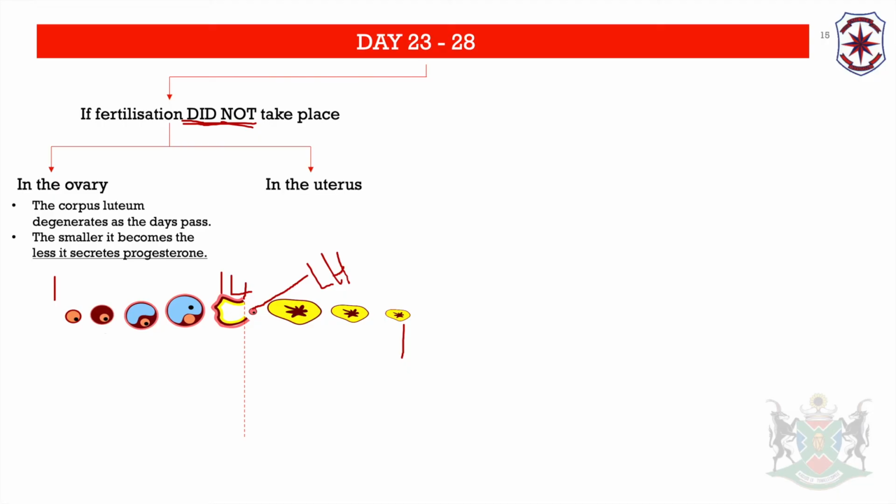And then in the uterus, what is going to be the impact? Remember what progesterone does. Progesterone thickens the endometrium. So if we have less progesterone, what's going to happen? As progesterone levels drop, the endometrium becomes thinner.